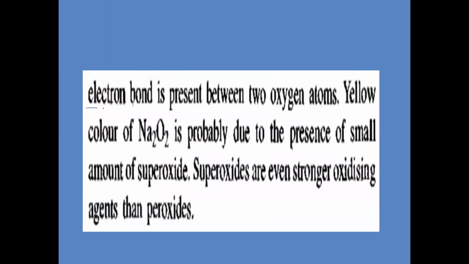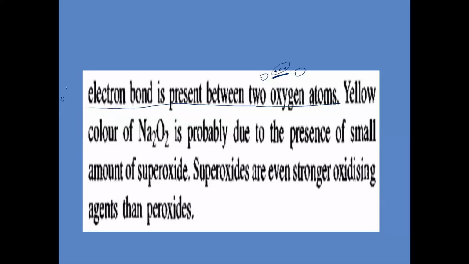As an odd electron bond is present between two oxygen atoms. I told you, between two oxygen atoms in superoxide, one covalent bond will be there. Along with this covalent bond, there will be an odd electron bond. The 3 electron bond is called the odd electron bond.